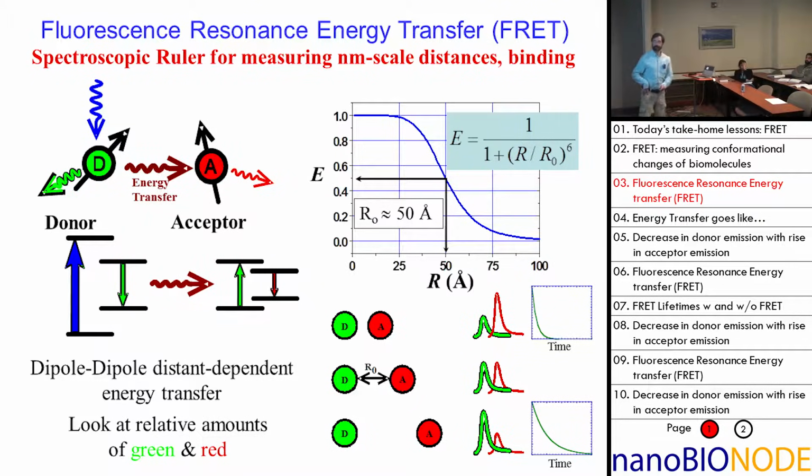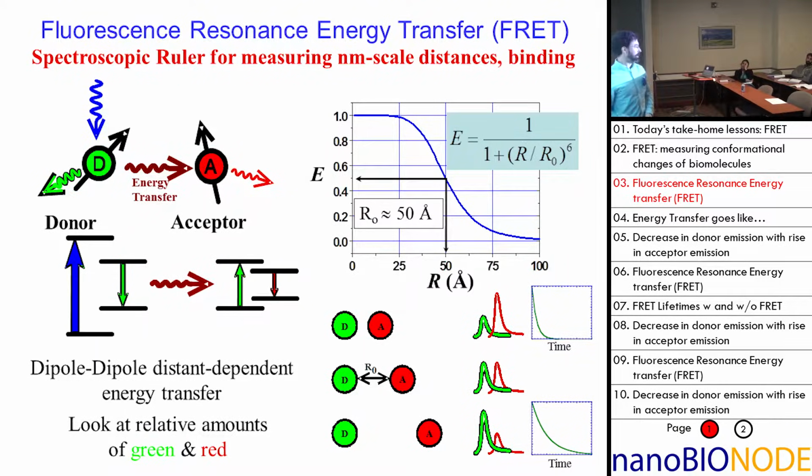Okay? And also, there'll be a difference in the lifetime of the donor, because the question back there was, if this has a lifetime of, let's say, 2 nanoseconds, and it has, let's say, 50% energy transfer, then this process takes up about a nanosecond.